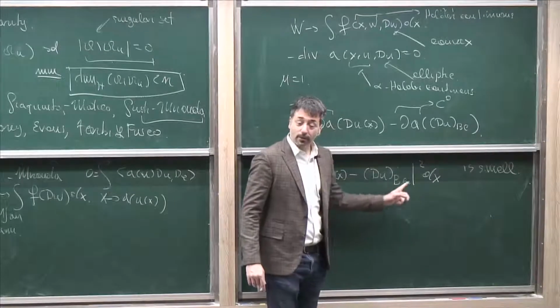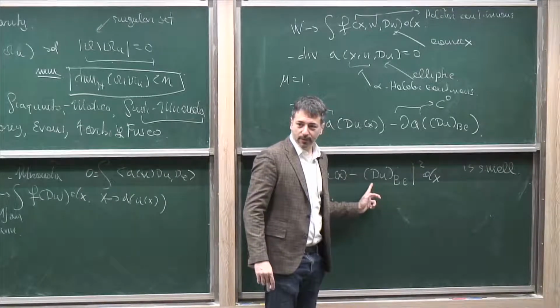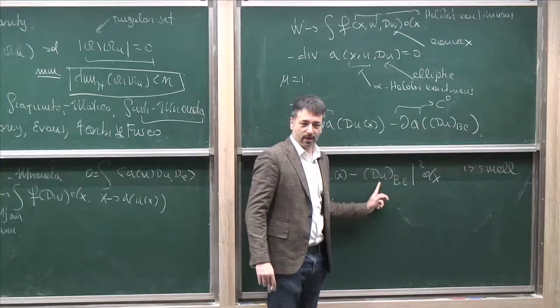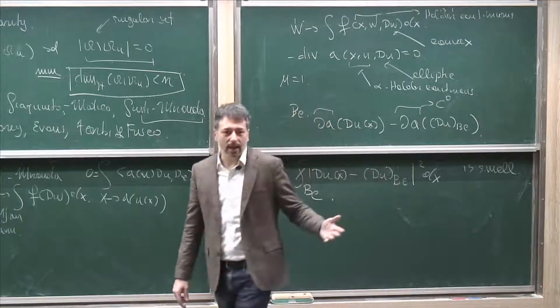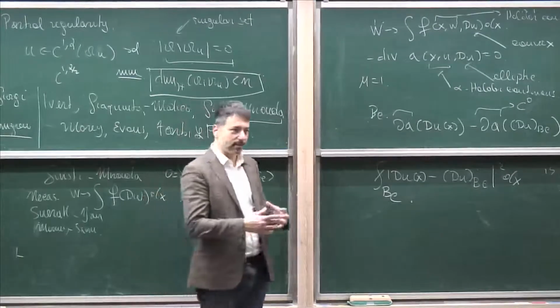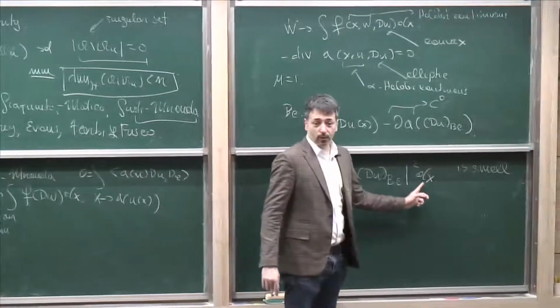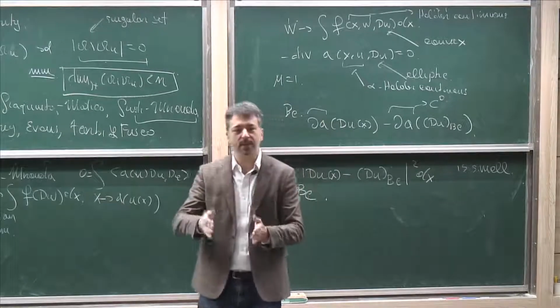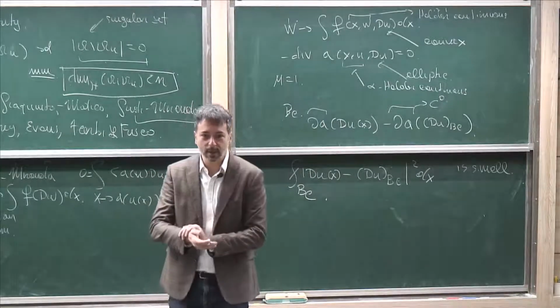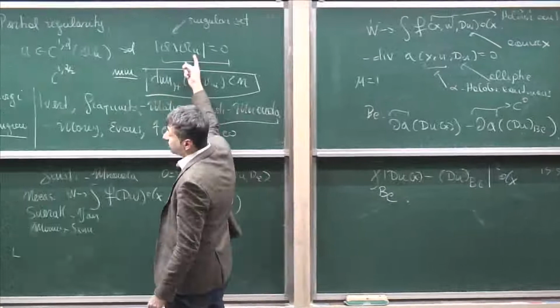But I know that this is small almost everywhere, because almost every point is a regular point. So partial regularity tells that if at a certain scale I am close in the mean square sense, then I will be closer and closer, and then I will get a regular point. And that's where this is coming from.